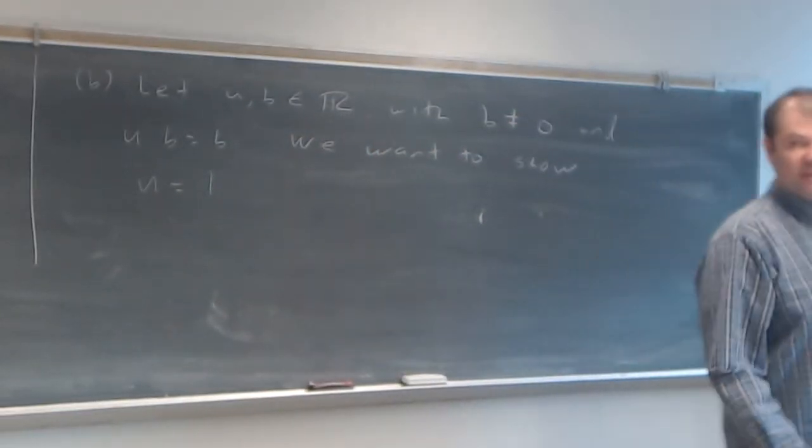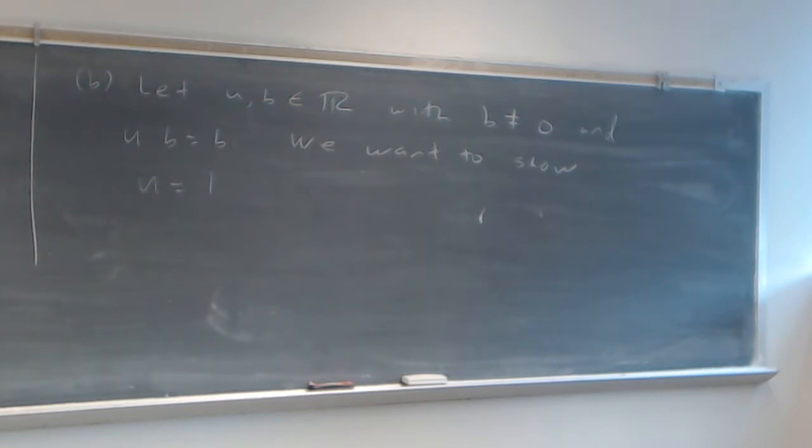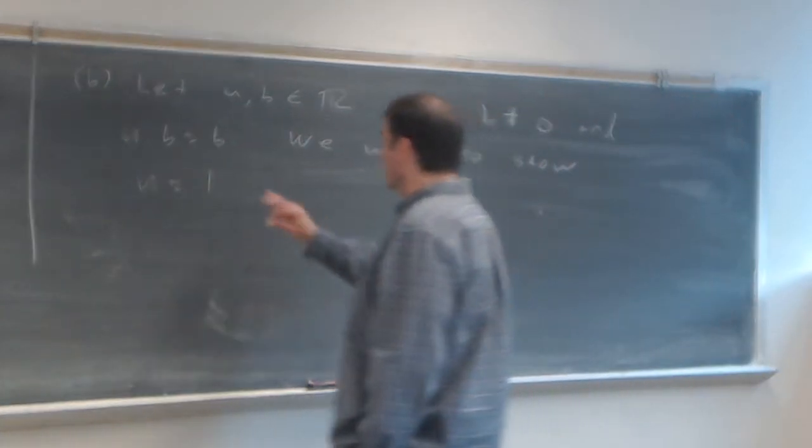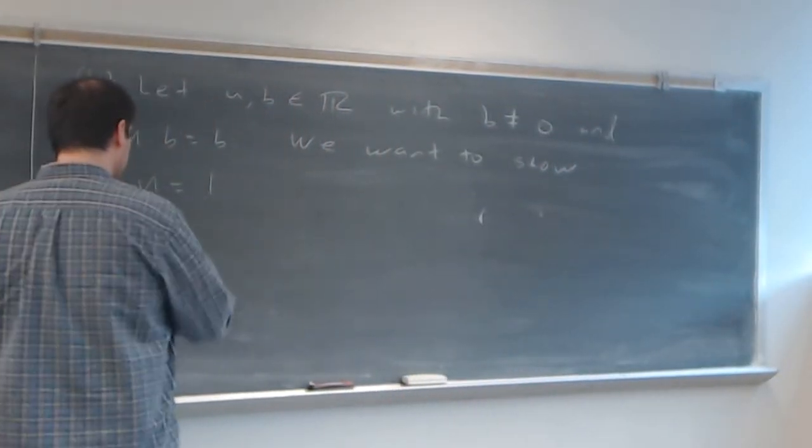I'm not sure that I will be doing this exactly the same as the book does, but maybe I am, because the book has it proved as well. Okay, so we're letting these things happen. I want to show that U equals 1.